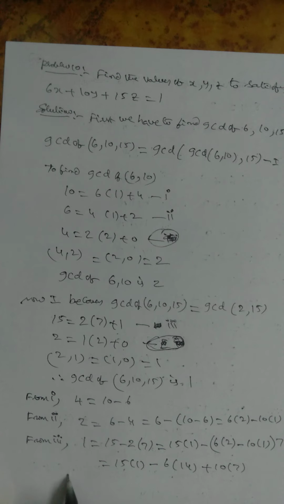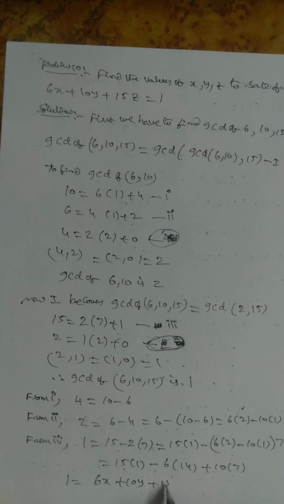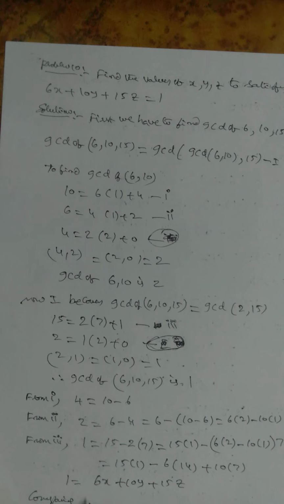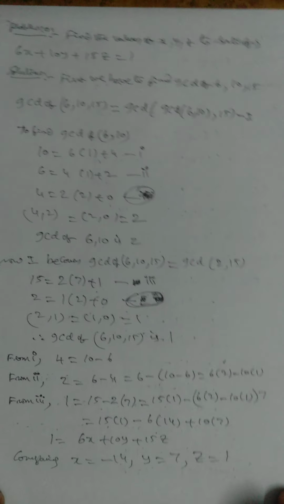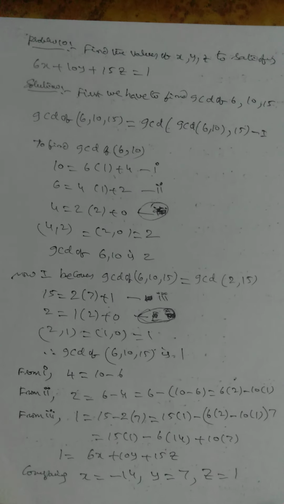Now 1 is equal to 6x plus 10y plus 15z. Comparing, x value is minus 14, y value is 7, z value is 1. Okay, this is the way of finding the x, y, z values.